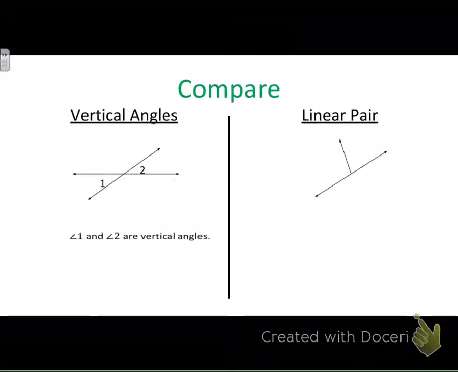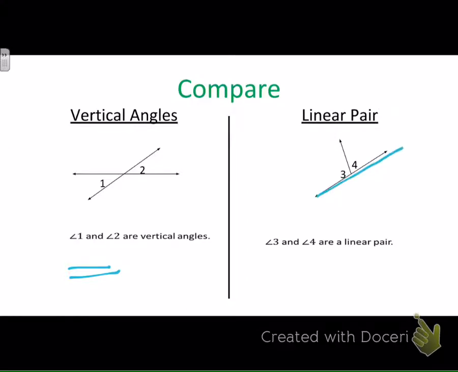Okay, vertical angles. Like I said earlier, angles 1 and 2 are vertical angles, so they are always equal to each other. Now, angle 3 and 4 are a linear pair because they make that straight line. So they are equal to 180.